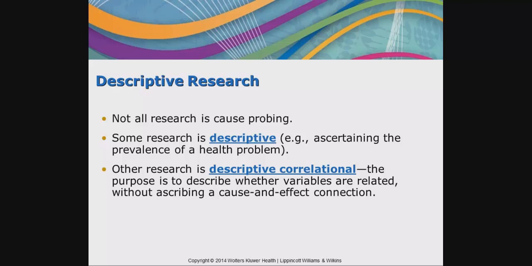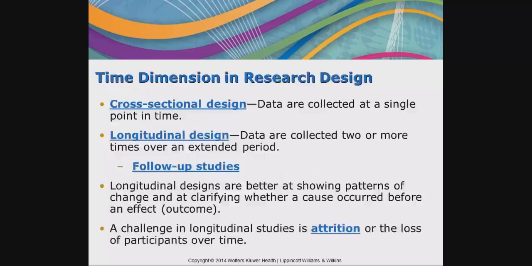And this type really describes the relationships between variables, but it is stopping short of inferring cause and effect. It may just say these things happen together, or when one happens, the other happens. So, just know that descriptive research is powerful, and it is quantitative.